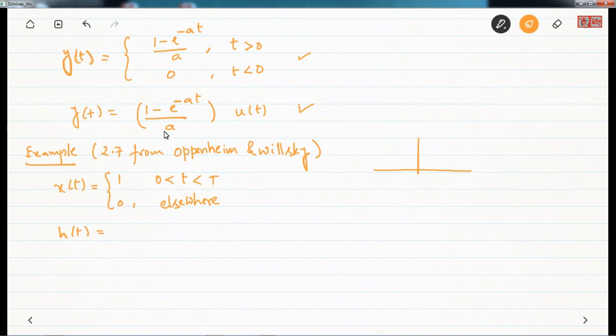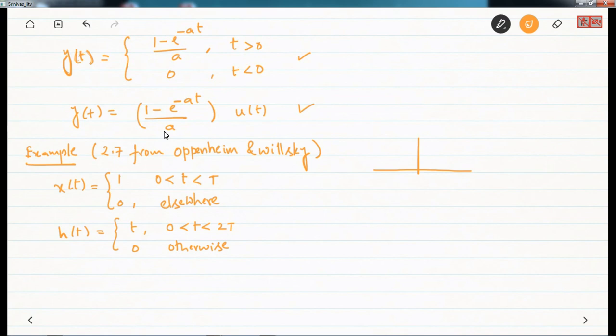And h of t is t for 0 to 2t, and it's 0 otherwise. Right? So while I plot these signals, you can also plot without looking at the screen, right?